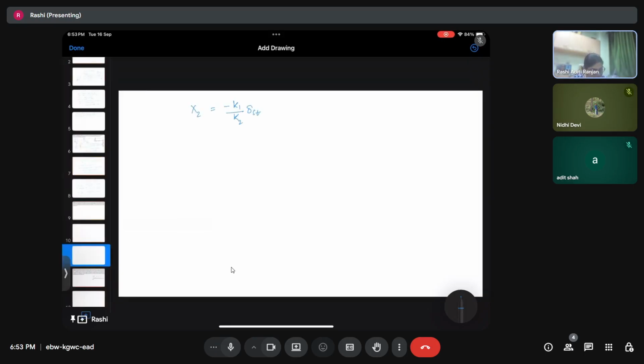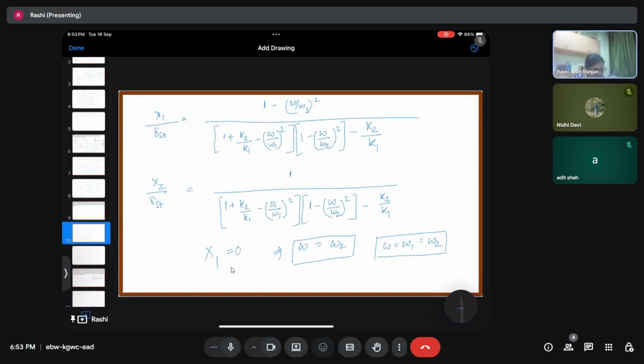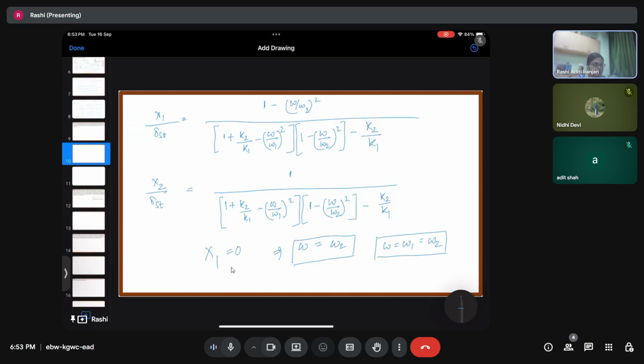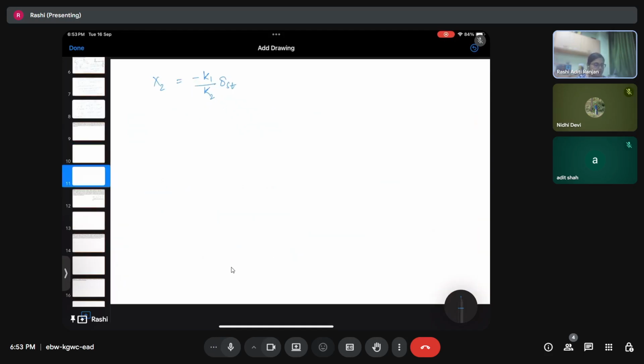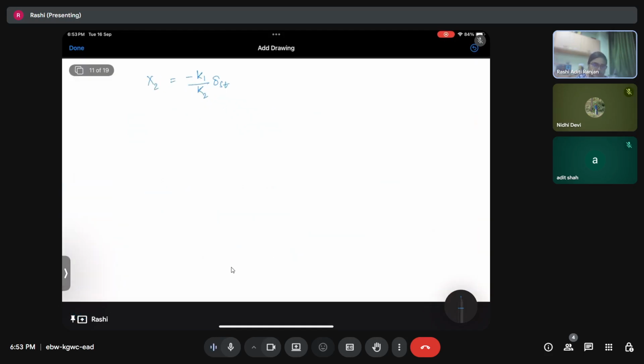See, over here I have omega by omega 1 as 1. This is 1, 1 minus 1 is 0, multiplied by 0 is nothing. So I'm going to have only minus k1 by k2 multiplied with delta static giving me X2.